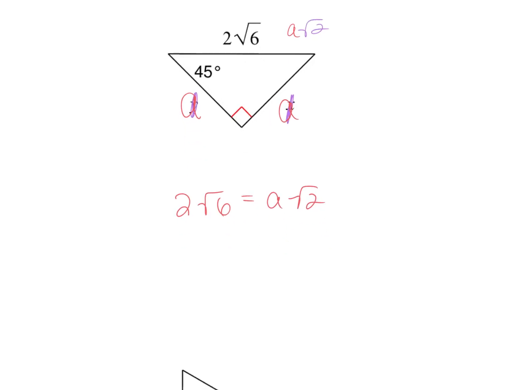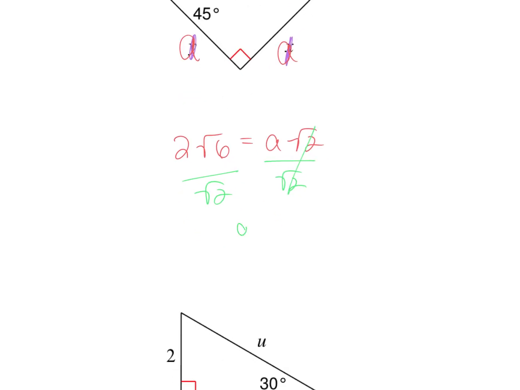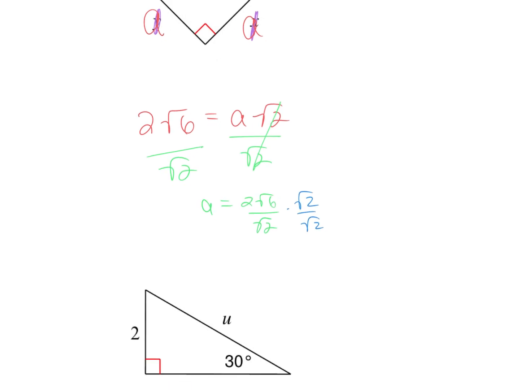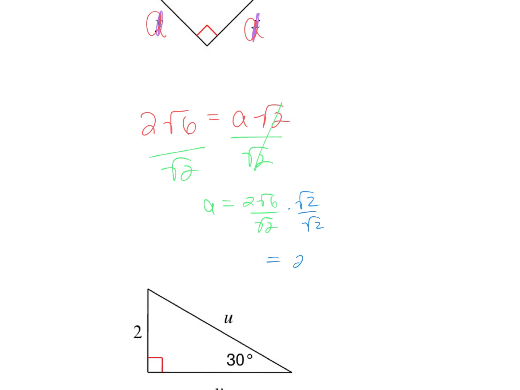Okay, let's solve. Divide both sides by the square root of 2. So I have A equals 2 square root of 6 over the square root of 2. Well, that's gross. Can I fix it? Rationalize: multiply by root 2, so this becomes 2 square root of 12 over 2.